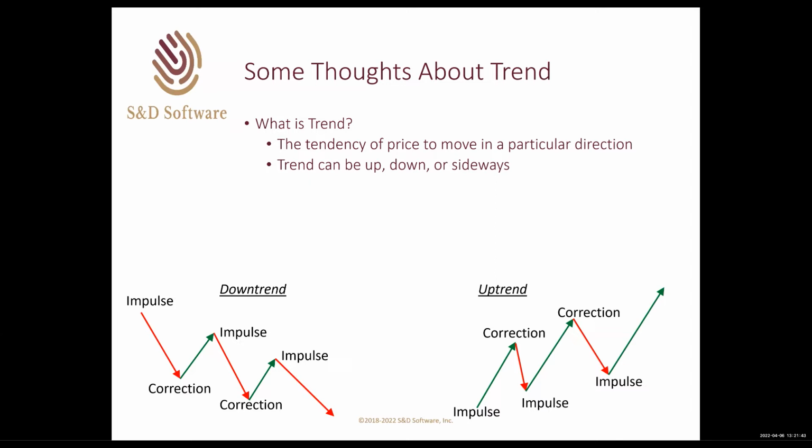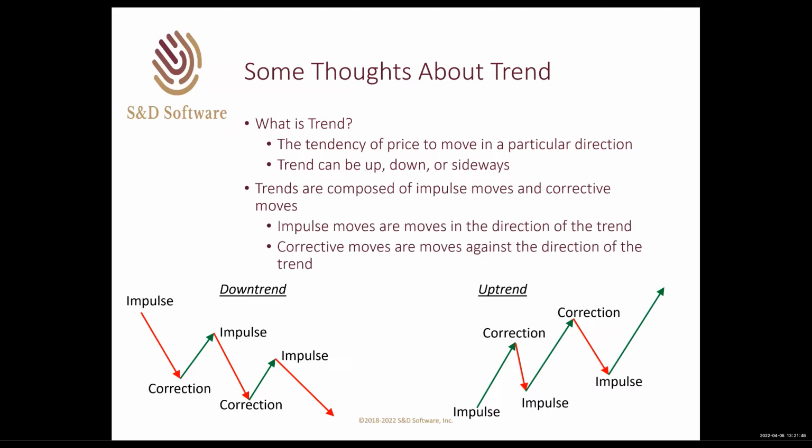What exactly are those? Well, a simple definition is that impulse moves are moves in the direction of the trend, while corrective moves are moves against the direction of the trend. And that's a simple, intuitive definition. However, it's lacking in certain respects.